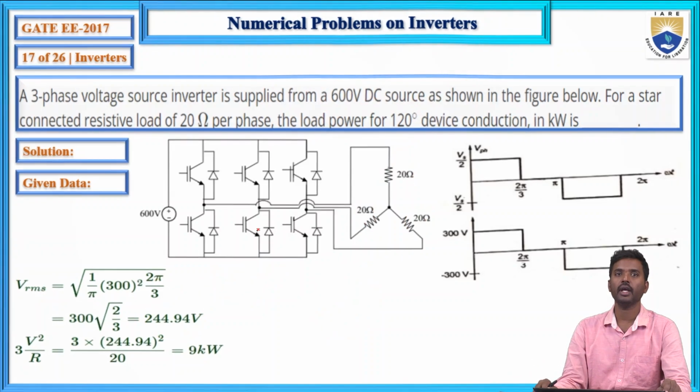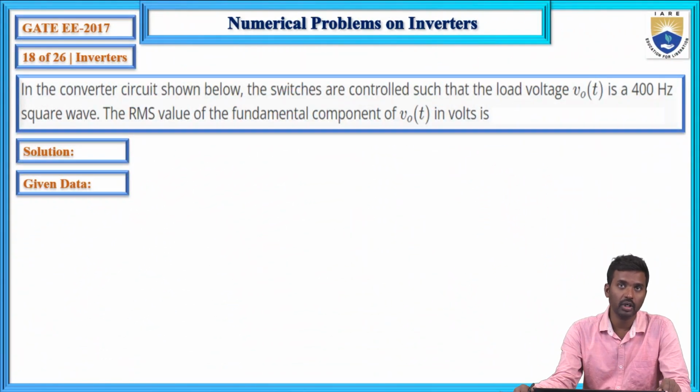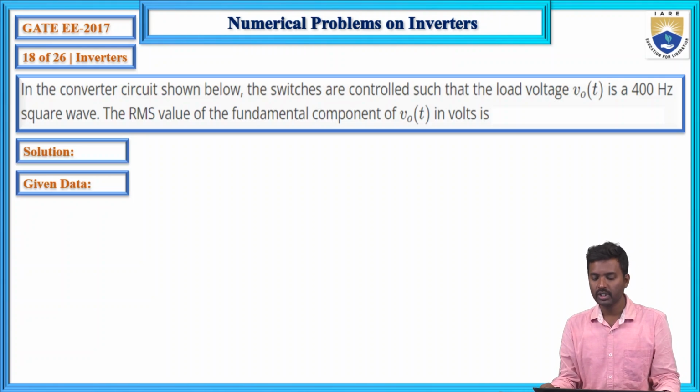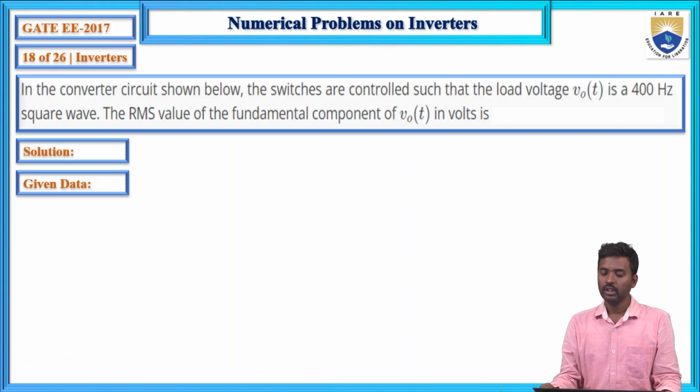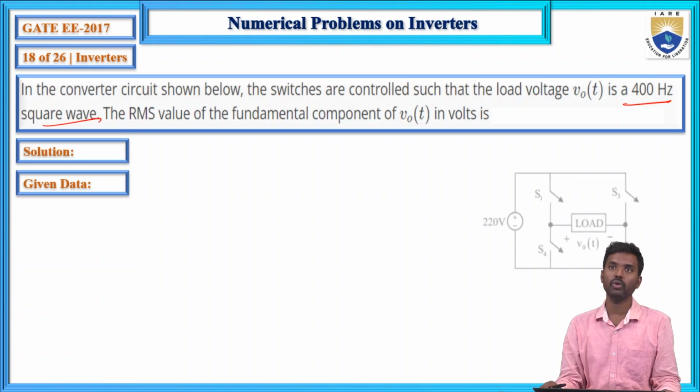Now the 18th question: a converter circuit as shown below. The switches are controlled such that the load voltage V0 is a 400 Hz square wave. Find the RMS value of the fundamental component of voltage V0 of t in volts.